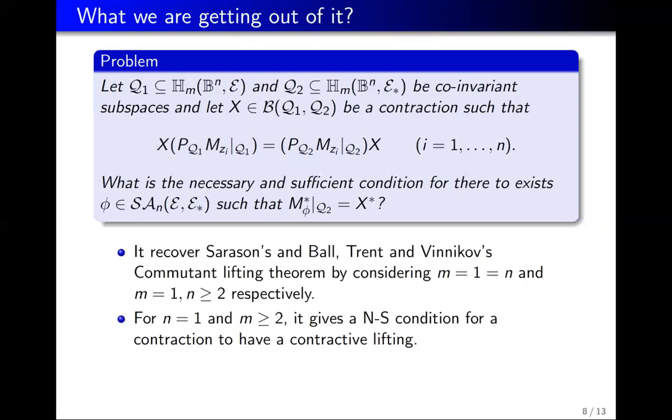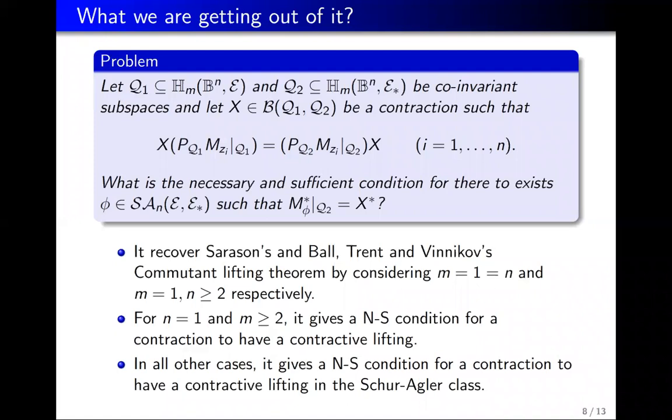In that case, it was known before that this commuting lifting theorem holds, but the norm of the lifting may not necessarily be the same as the underlying operator. The norm usually gets bigger. But this theorem here actually tells you when a contraction can be lifted to a contraction. Sorry, if we solve this problem, then it will give you a necessary and sufficient condition for a contraction to have a contractive lifting in the case of the Bergman space.